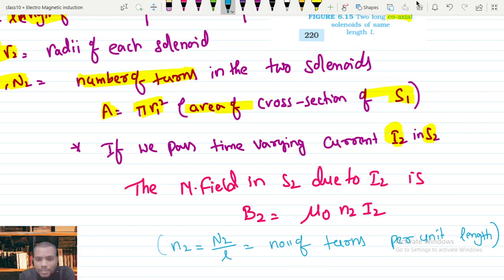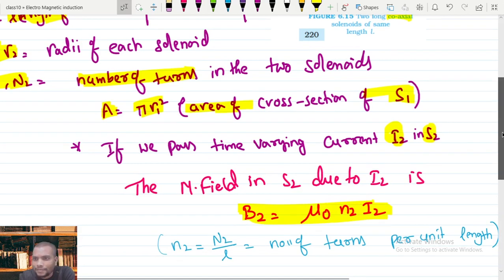So this is the expression for the magnitude of the magnetic field due to solenoid S2, B2 equal to mu naught n2 I2, where mu naught is the permeability and small n2 is the number of turns per unit length.